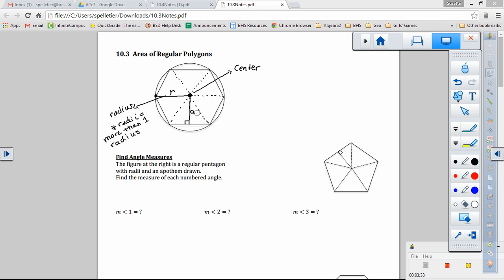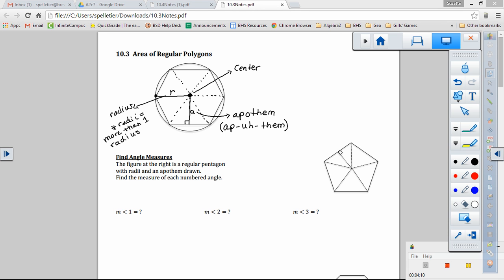We call this instead an apothem. The apothem is very similar to the altitude of that triangle. It is the apothem of the hexagon, the altitude of the triangle. Now, those are the parts that we need to know in order to find the area.